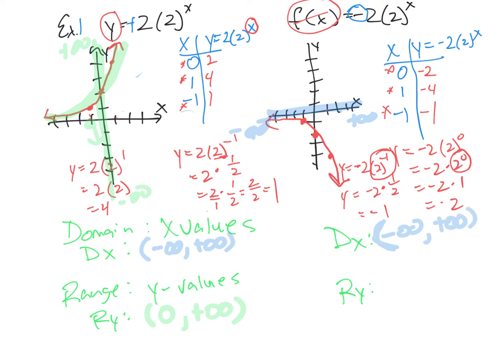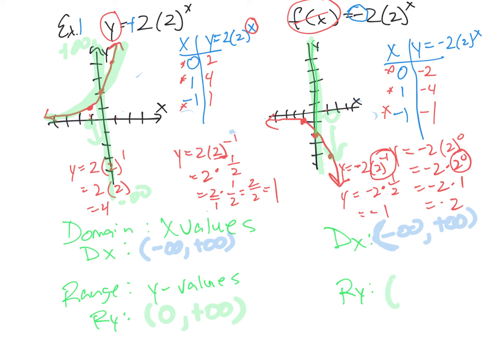Then my range values. Okay, we're going to erase domain for a minute and just look at our range. Our range is our y values. So what happens? It's at 0, and then they go down.